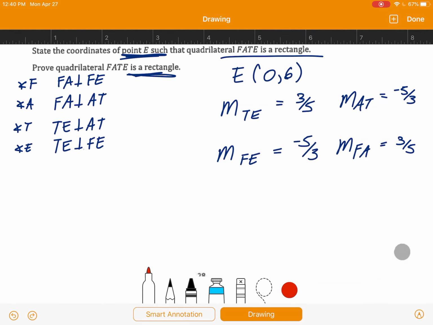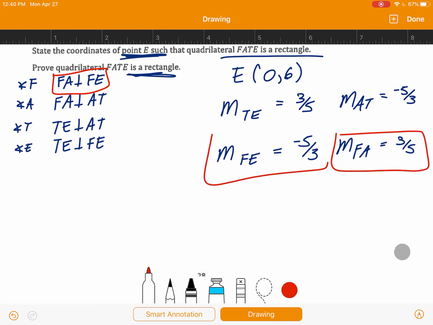So if we look at the first one, angle F needs to be a right angle, which means these 2 need to be perpendicular. So FA is this one, and FE is this one. -5/3 and 3/5 are negative reciprocals, which means they are perpendicular, which means this is a right angle.